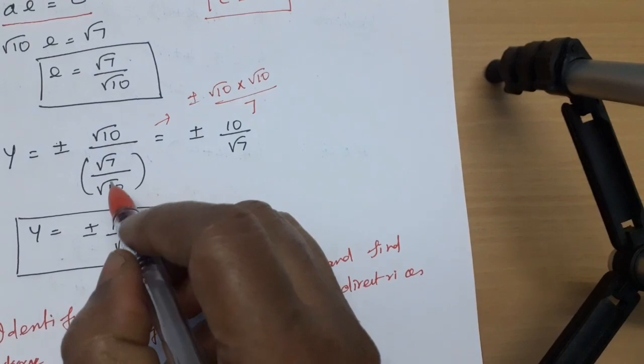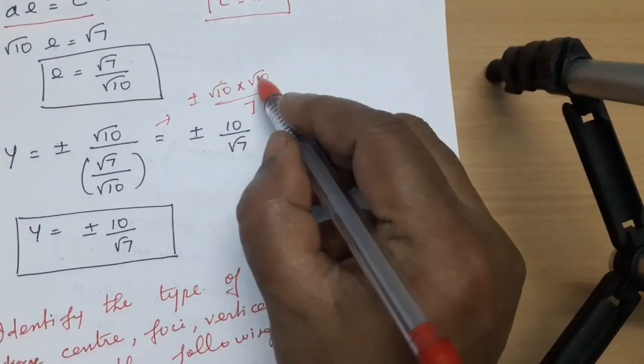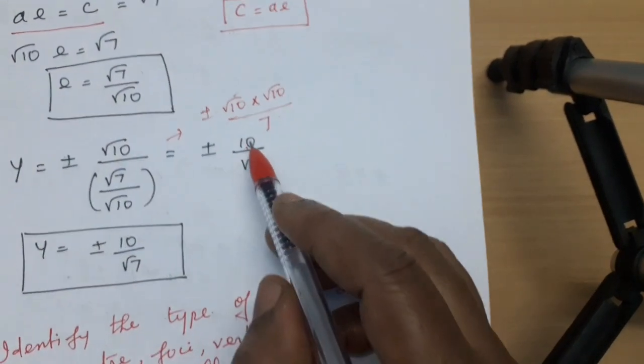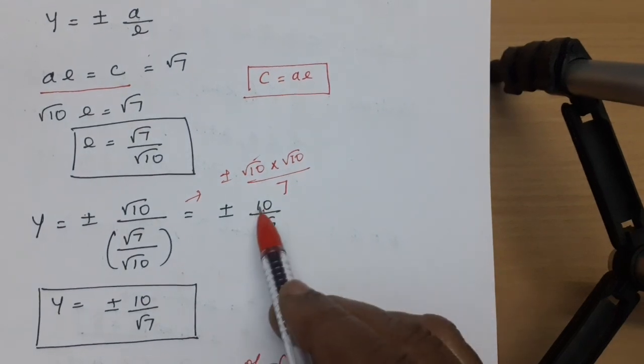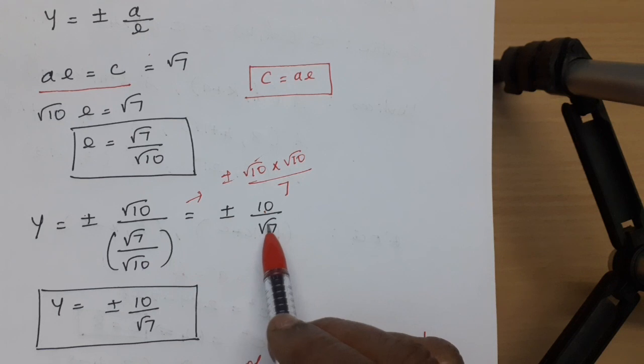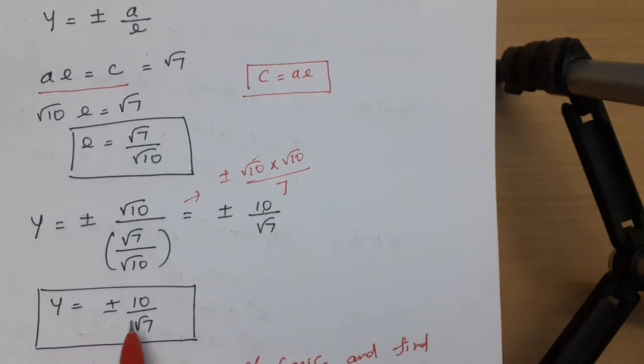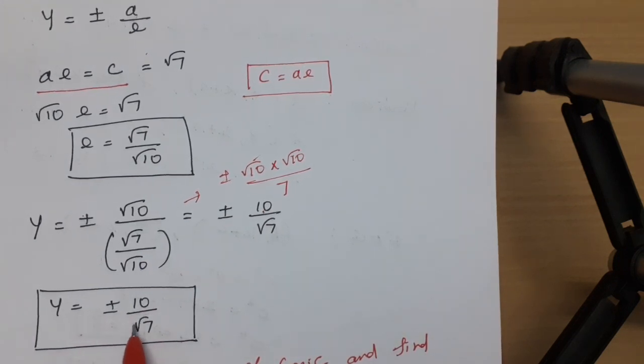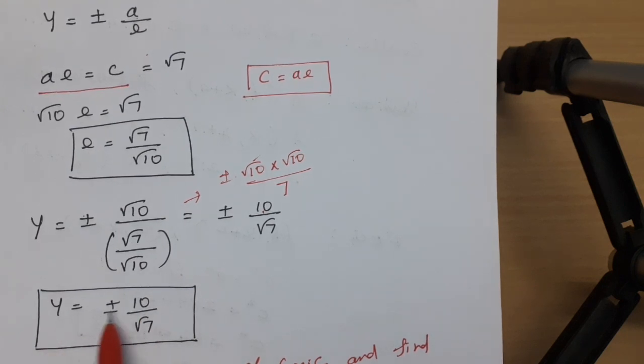Root 10 into root 10 is 10. So plus or minus 10 by root 7. Therefore the equation of the directrix is y equal to plus or minus 10 by root 7.